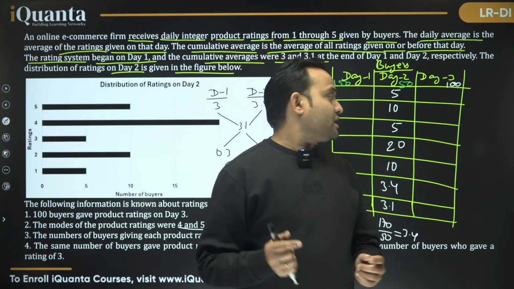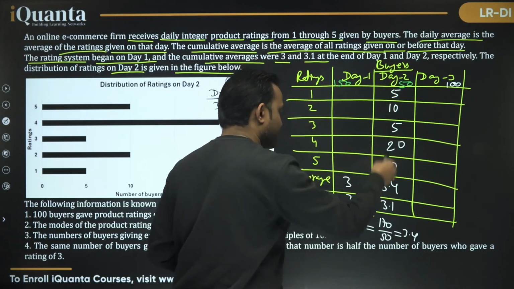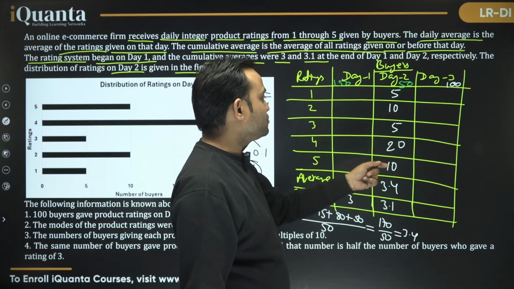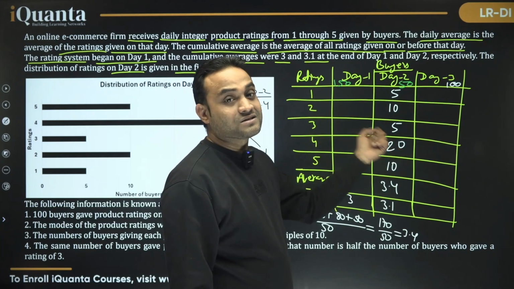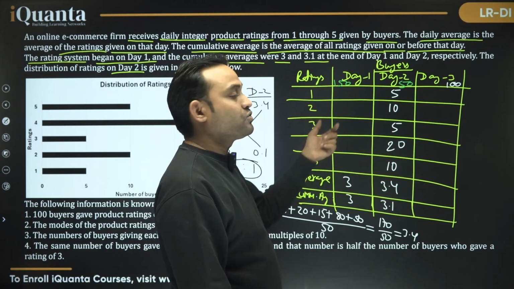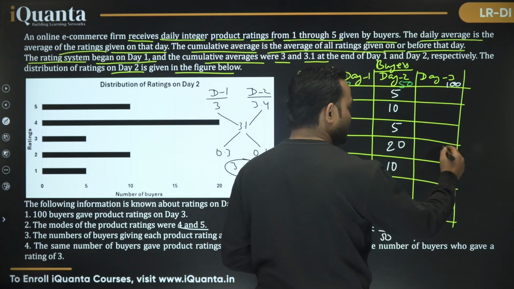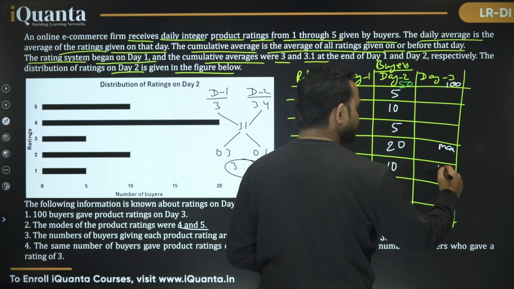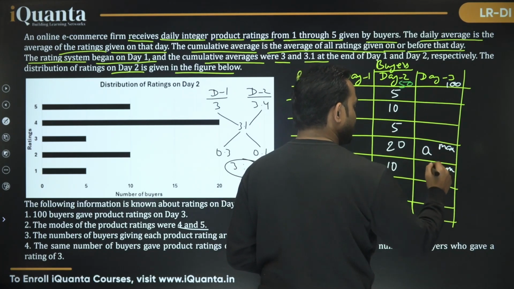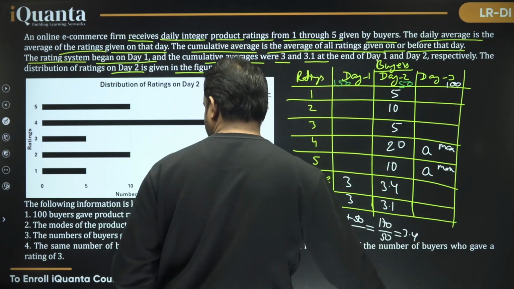Like if we ask what is the mode of ratings on day 2, it will be 4, because there are 20 buyers who gave rating 4, the maximum number of times. So we can say 4 and 5 are maximum as well as equal. So if this is A, this is also A.